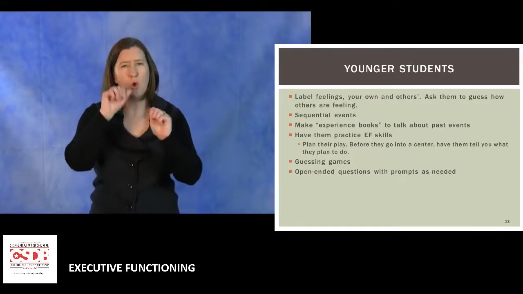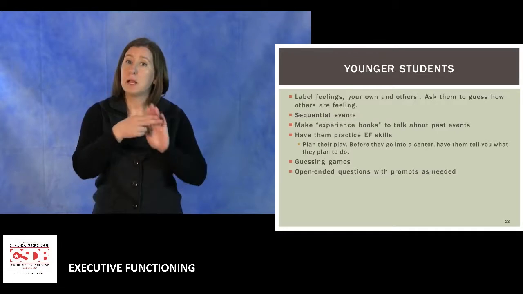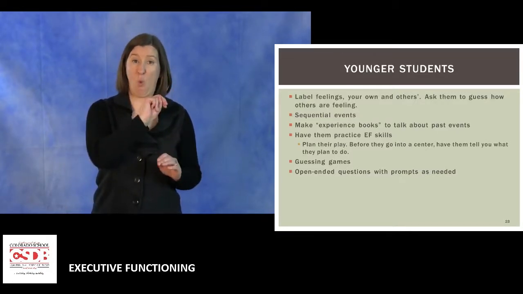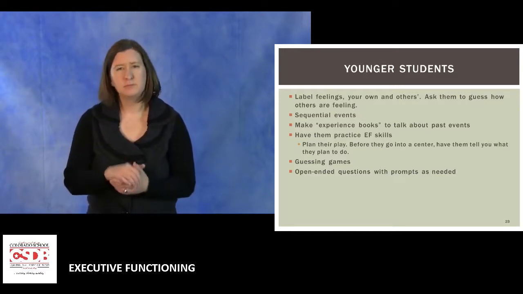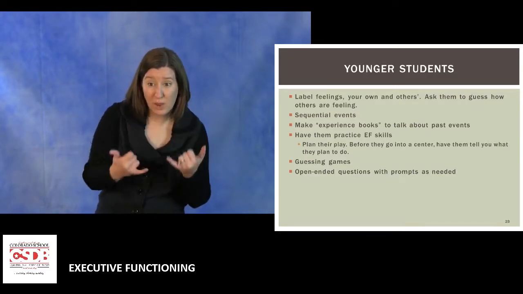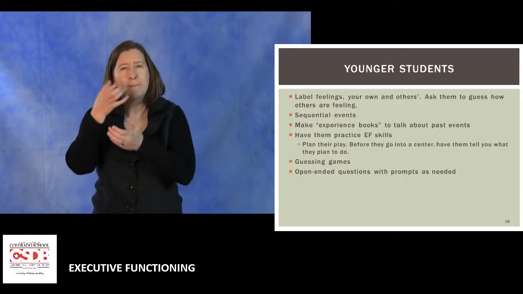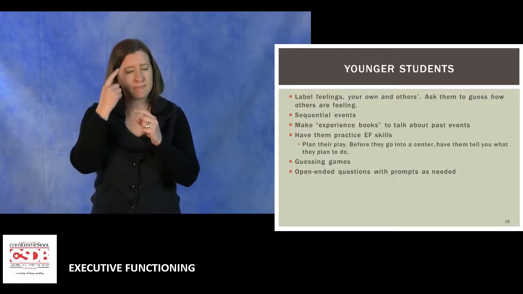For younger students, you can label feelings. Like you can say your own feelings or their feelings. You can say, can you guess how this other student is feeling, and help them to think about those things.